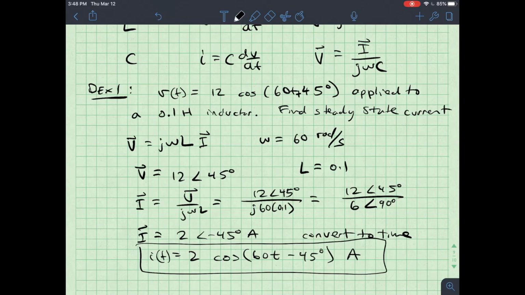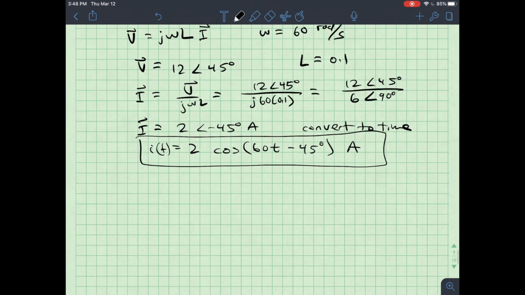We can do a very similar example. That's example 2. In this case, I've got a voltage which is 10 cosine of 100t plus 30 degrees, and it is applied to a 50 microfarad capacitor.